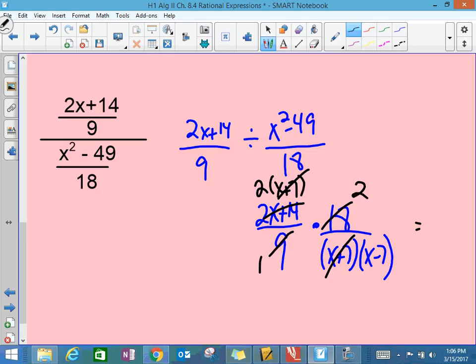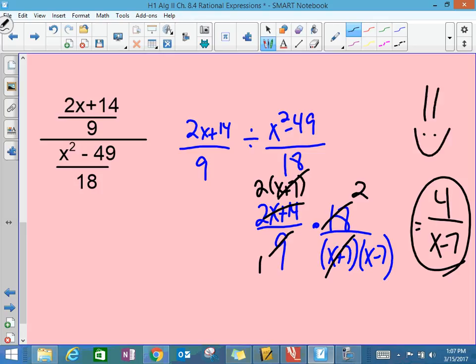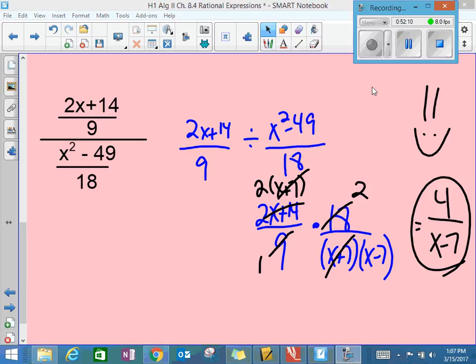Anything else? Didn't the 2 multiply? Yes. So now we multiply everything we have left. So 2 times 2 is 4 over x minus 7. Yay. All right. So that is simplifying rational expressions.